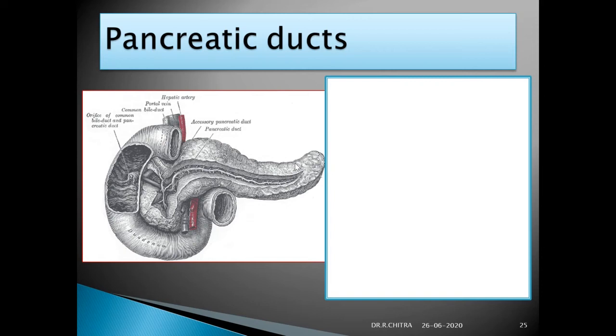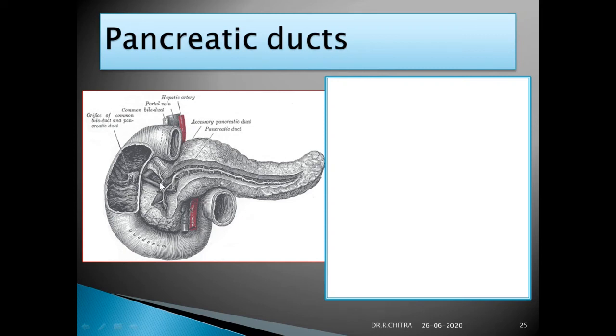It has three surfaces and three borders. Superior surface, inferior surface and posterior surface. Superior border, inferior border and anterior border. Tail is the most mobile part of the gland which lies at a higher level, T12 level, than the head, which is at the L1 to L2 level. So we have completed that.